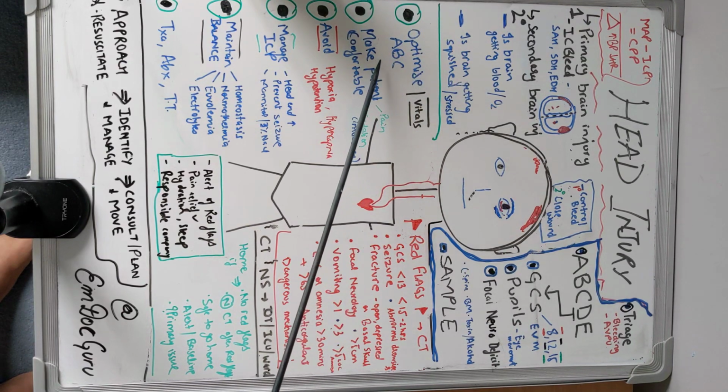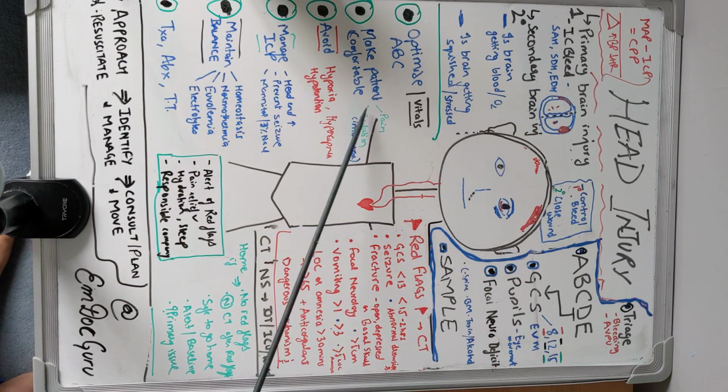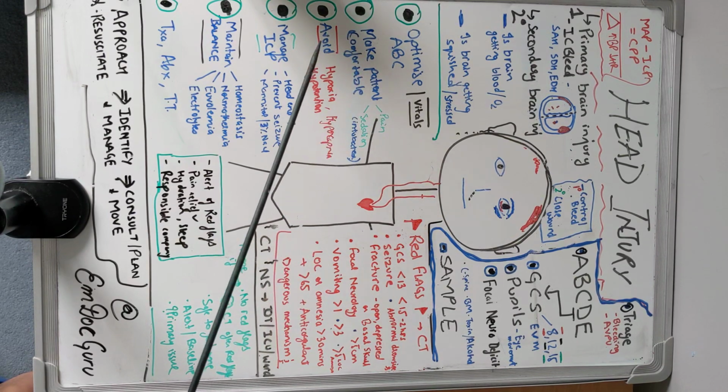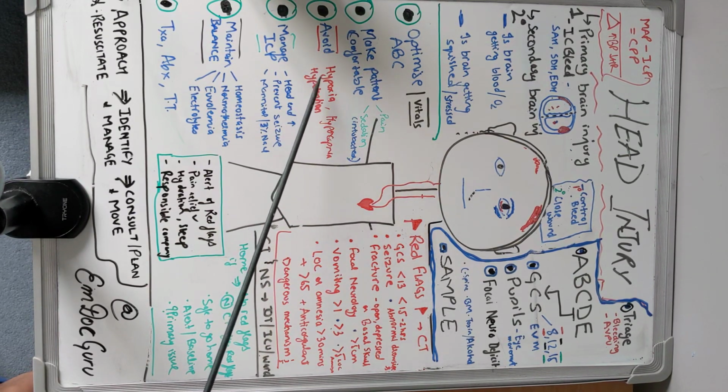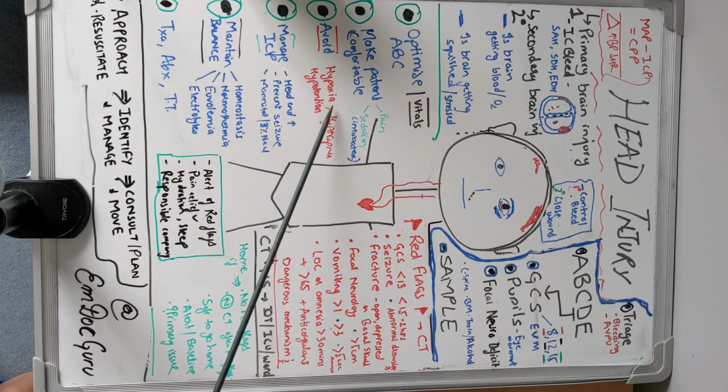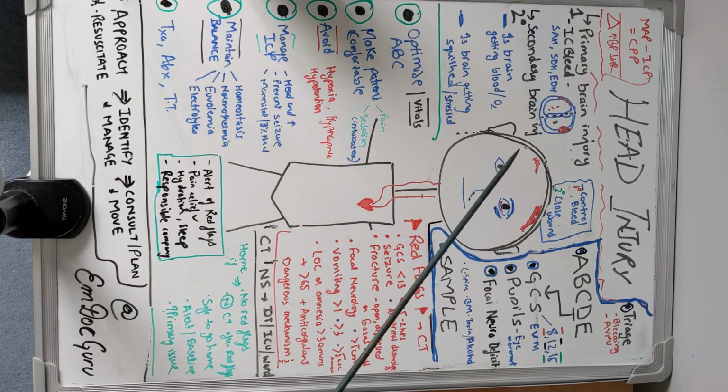Your aim is to maintain that the brain continuously gets an adequate amount of blood and oxygen, by optimizing the airway, breathing, circulation, and making the patient comfortable. You should avoid hypoxia, and also prevent hypercapnia, because hypercapnia can again lead to an increase in ICP by dilating cerebral blood vessels.